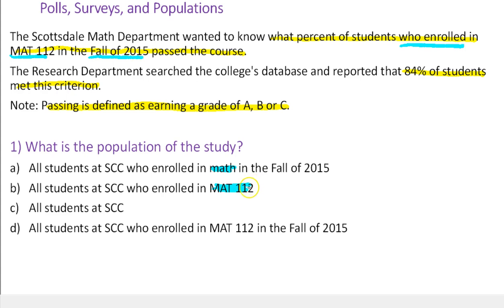So if it's fall of 2018, those students would be included in this population, but that was not in our original statement. It's not all students at SCC, and here we have all the necessary components. All students at SCC who enrolled in this specific course in this specific semester. So our population is D.